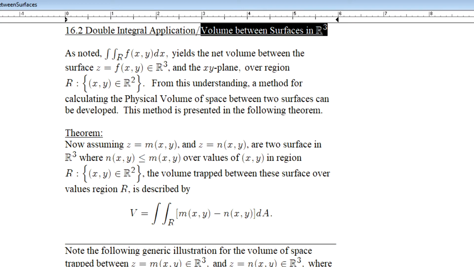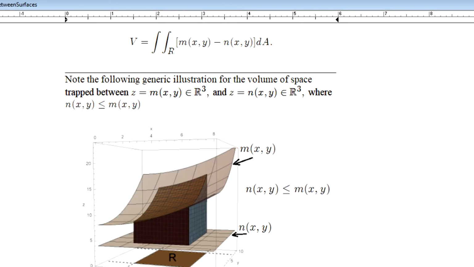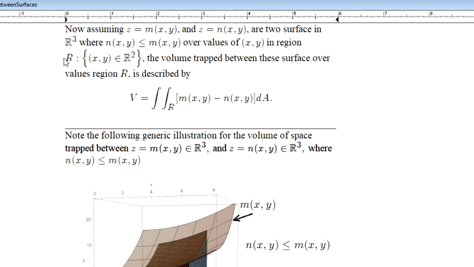In this calculation, you are going to have your defined value for R, which could be any description of a region in two-dimensional space.